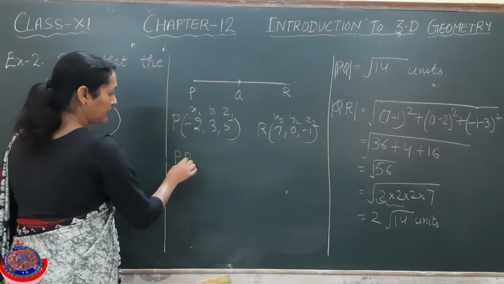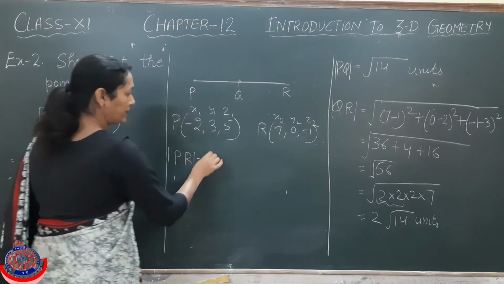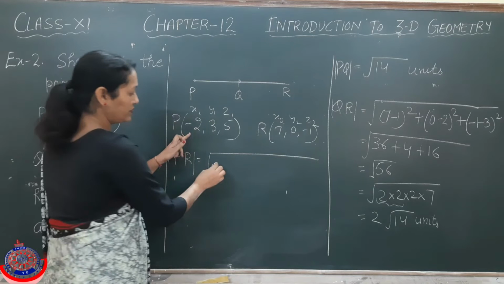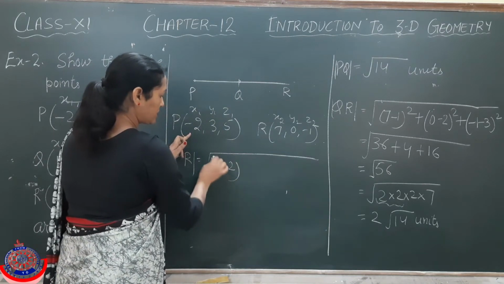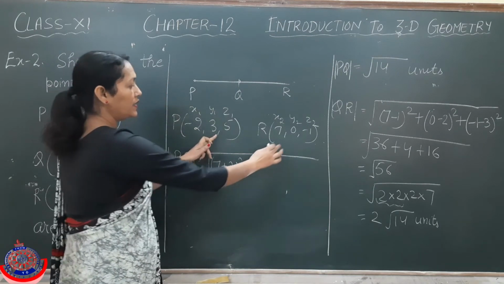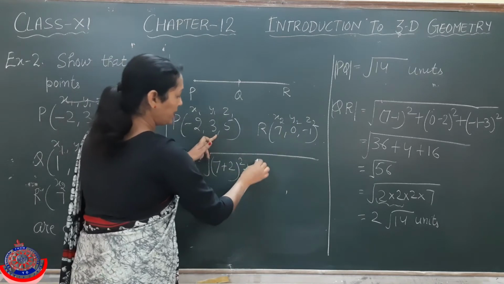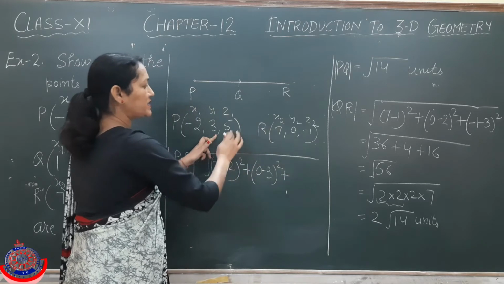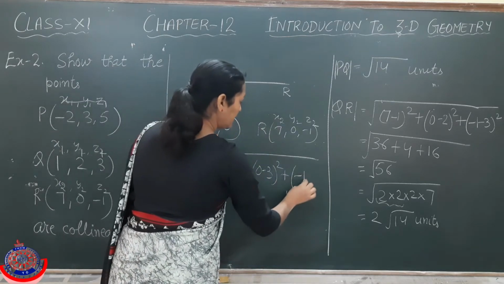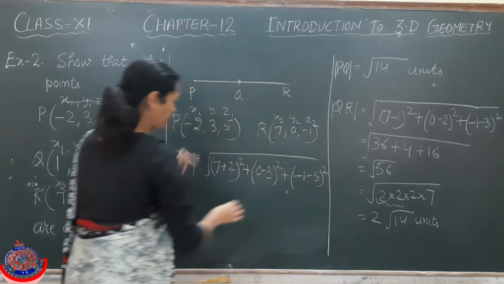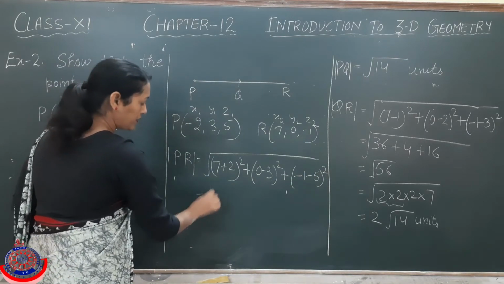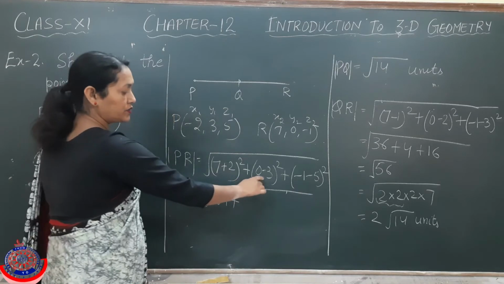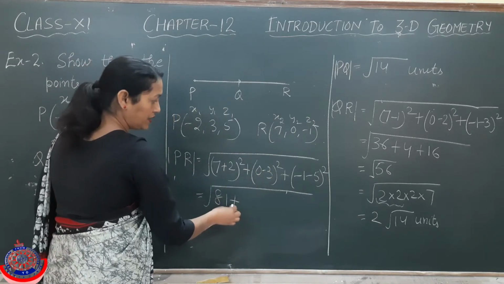So distance PR will be the square root of x2 minus x1, 7 minus minus 2, that will be 7 plus 2, whole square, plus y2 minus y1, 0 minus 3, plus z2 minus z1, minus 1 minus 5, whole square. 9 whole square is 81. 0 minus 3 is minus 3.